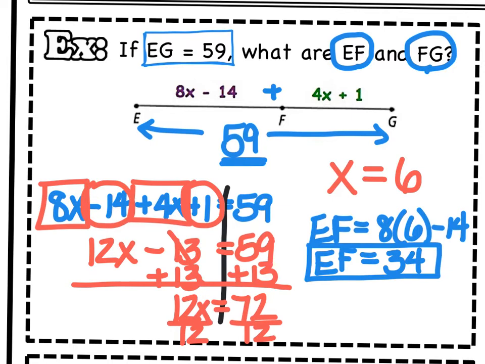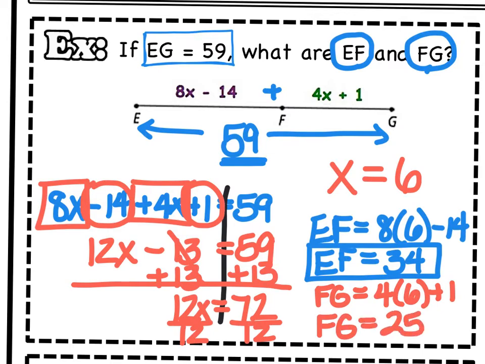Now, I want to do the same thing with the other piece. I'm also asked to find FG, so I'm going to take my 6 here and plug it into FG as well. So for FG, I'm going to end up with 4 times 6 plus 1, and FG will equal 25.